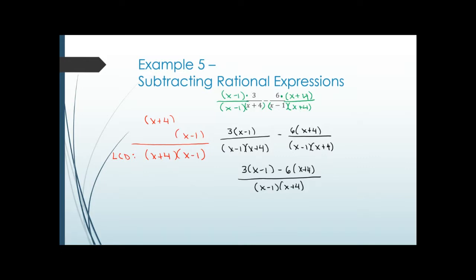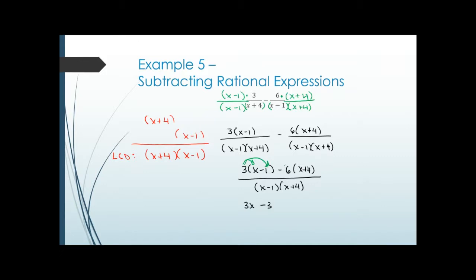So on the top, we are going to distribute the 3 through the parentheses. The 3 gets multiplied by x, and it gets multiplied by a -1 there. So 3 times x is 3x. 3 times a -1 is -3. Now the second part, I have a -6. So that minus, we're going to treat that as a -6.